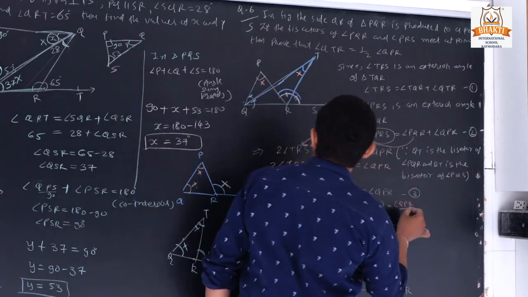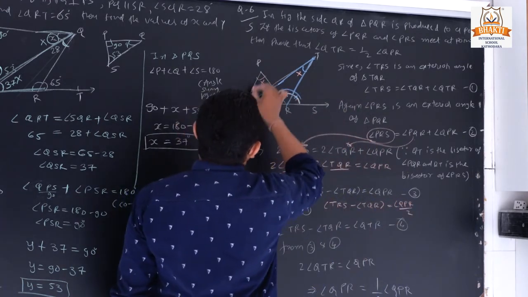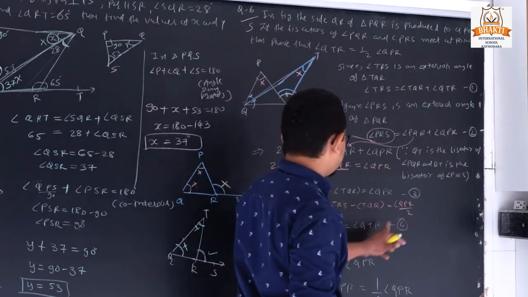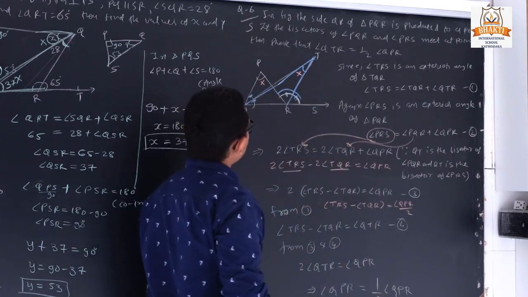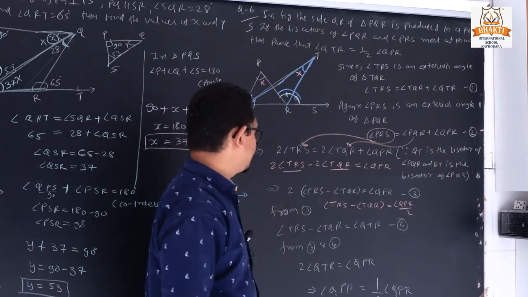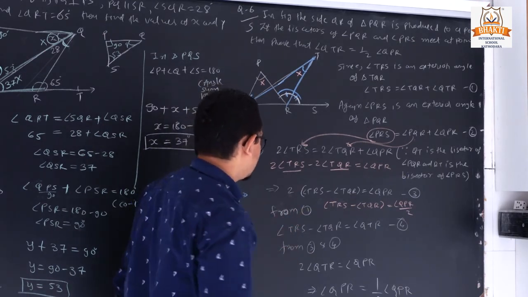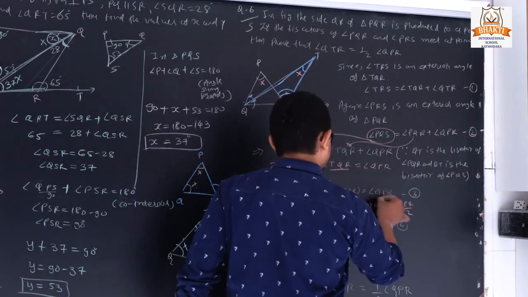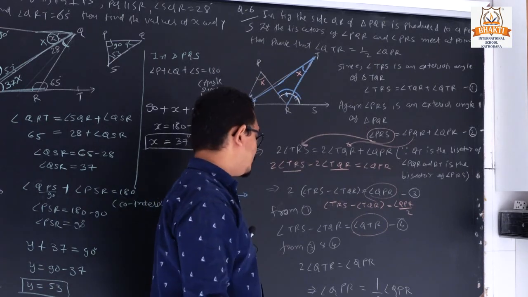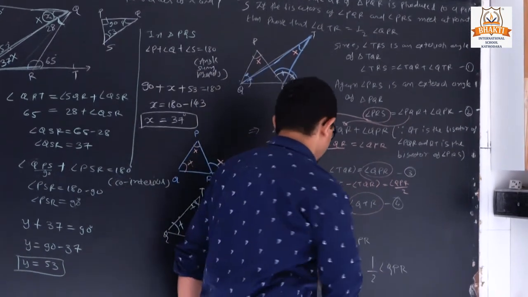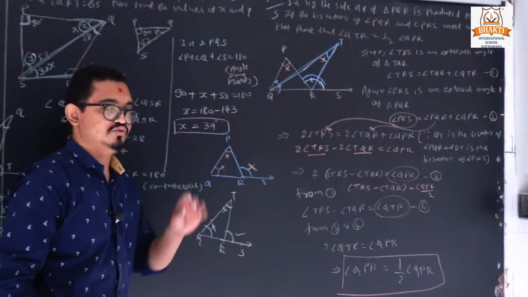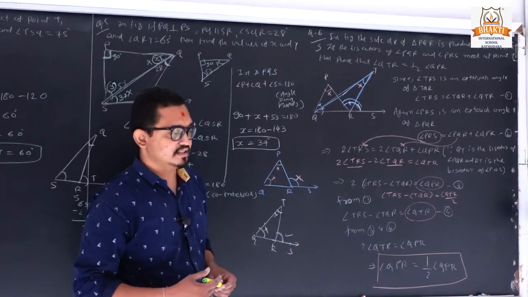So what can we get? QTR. Now from third and fourth, QTR and QPR, what do we prove? QPR is equal to 2 TQR, and now this 2 is going to the second side. So it is proved. Clear? QTR is equal to 1 by 2 QPR. So our chapter number 6 was over.